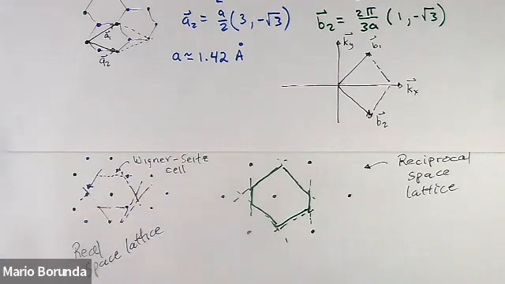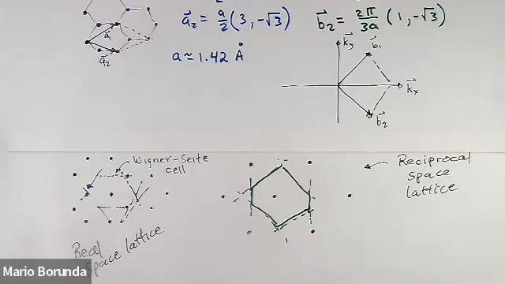Yeah, the rhombus, is that a unit cell? Yes, right? In real space. So this is a unit cell, and this is a unit cell. We constructed it by putting together the distance between the points in the lattice. So we have the Wigner-Seitz cell. That's the construction that we just did.